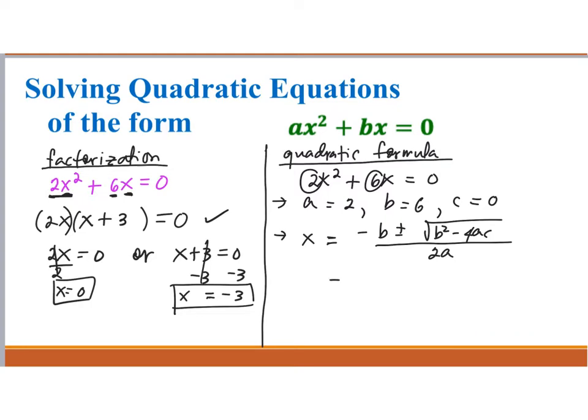And substituting the values of the coefficients, b is 6, so negative b will be negative 6 plus or minus the square root of b squared, which is 6 squared, minus 4 times a, which is 2, and c is 0, divided by 2 times 2.